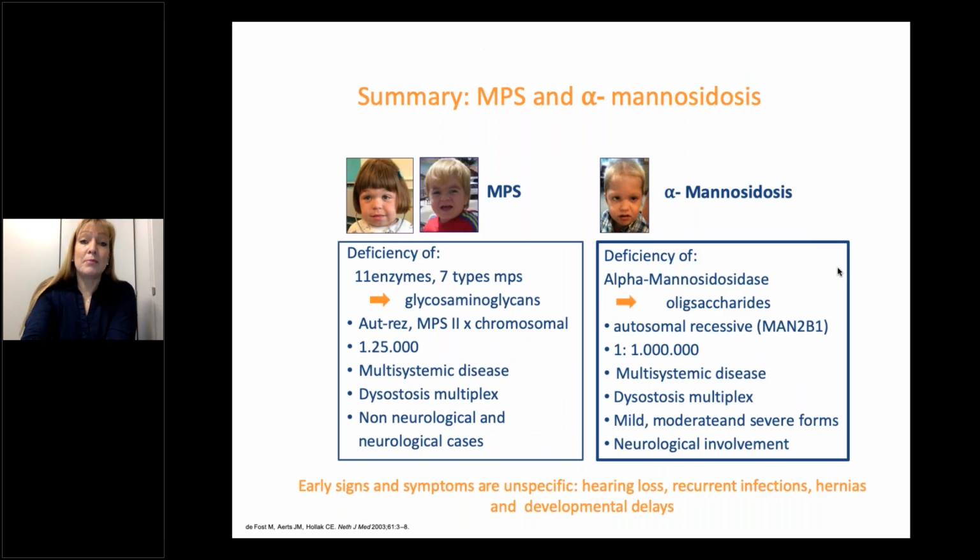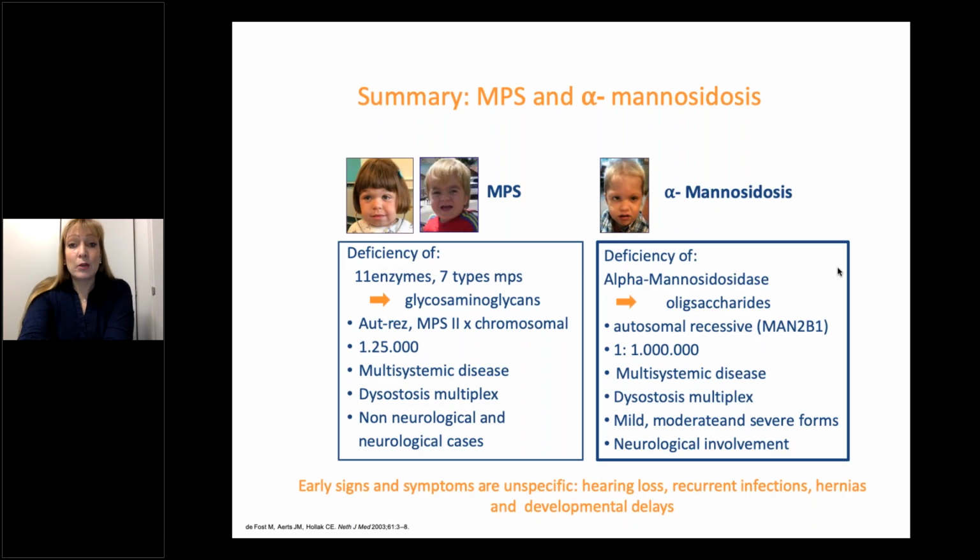So in summary, MPS and mannosidosis: we have 11 enzymes leading to 7 types of MPS with the storage of glycosaminoglycans in tissues. Mainly they are autosomal recessive, except MPS 2 that is X-linked. We have a multisystemic disease with dysostosis multiplex, so skeletal involvement, and with and without neurological involvement.